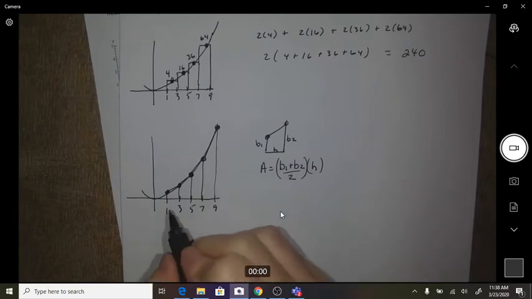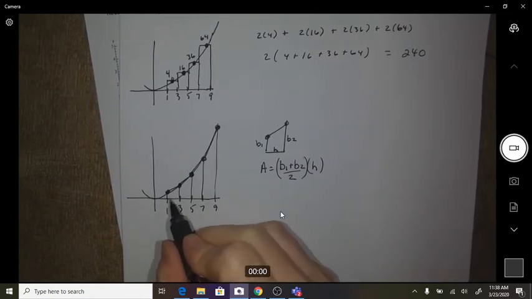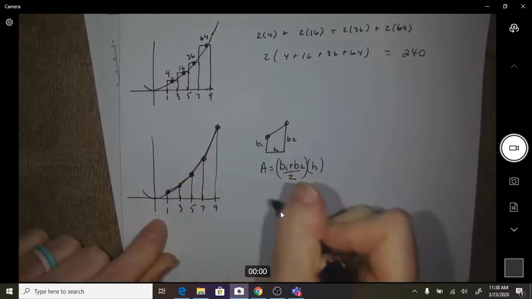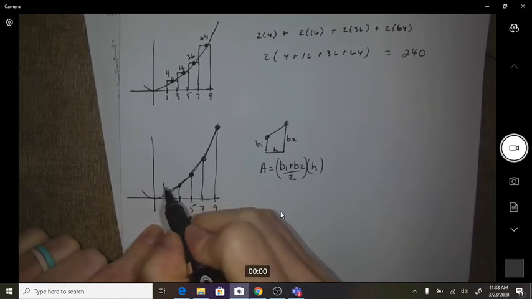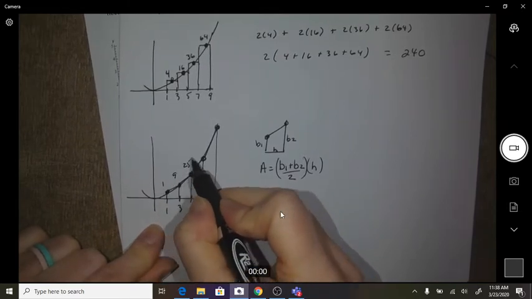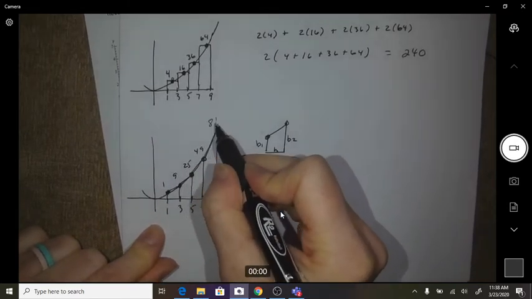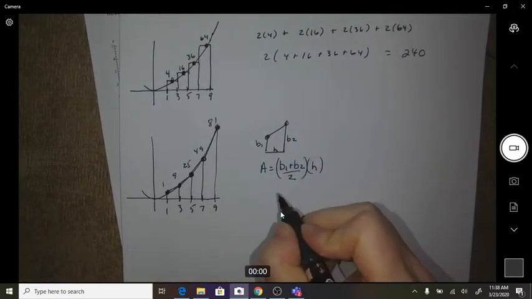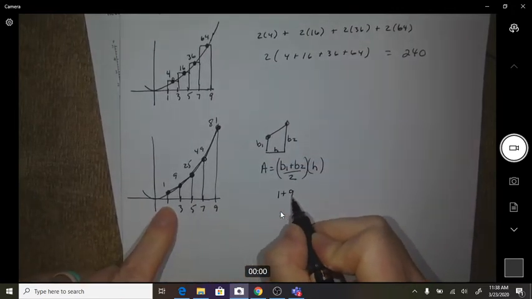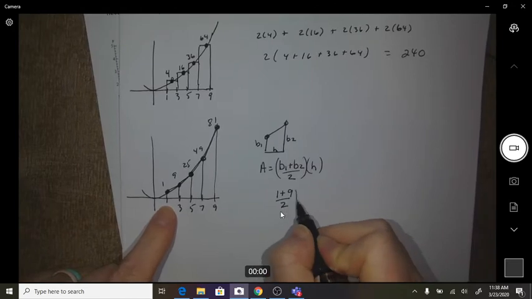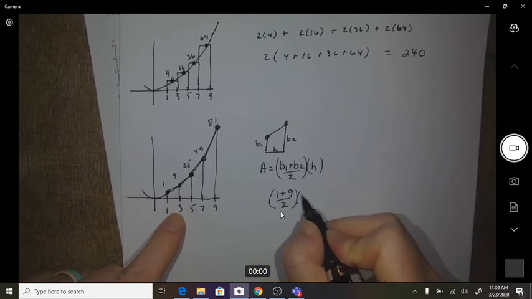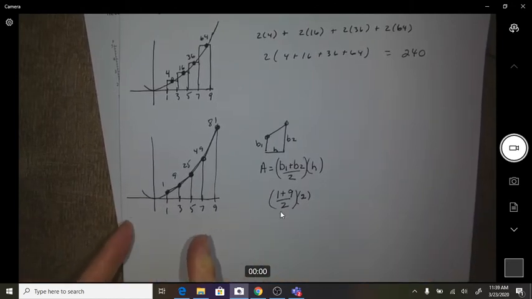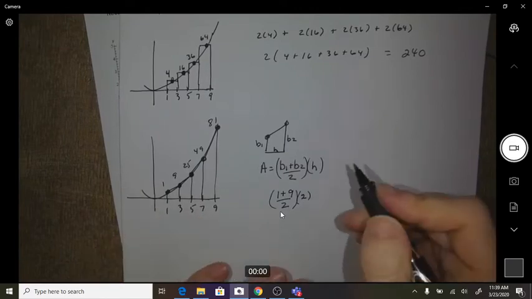Okay, so number 1, the first one. Actually, let's label the heights here. This is 1, 9, 25, 49, and 81. So we would say 1 plus 9 averaged out times 2 wide.